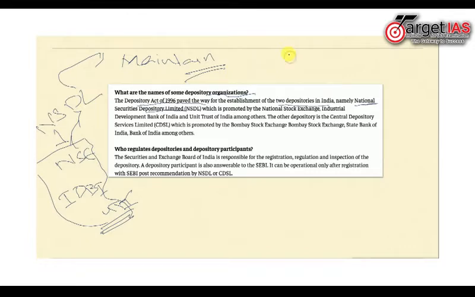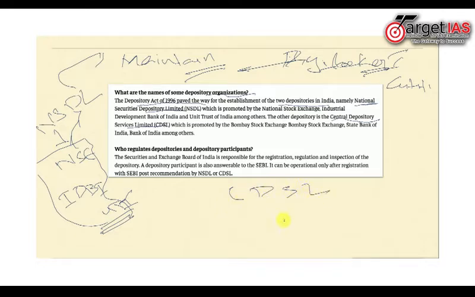There is something called DigiLocker, where you can place your identity cards, your certificates in a digital format. It is similar to that. And there is one more depository, that is Central Depository Services Limited, that is being promoted by the Bombay Stock Exchange, SBI and Bank of India.